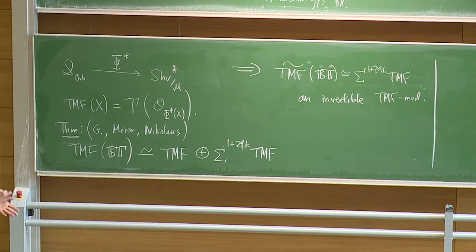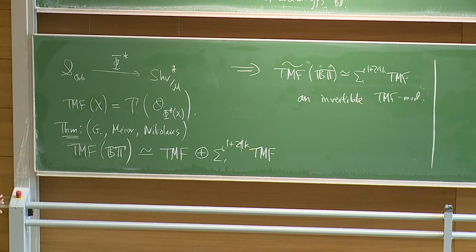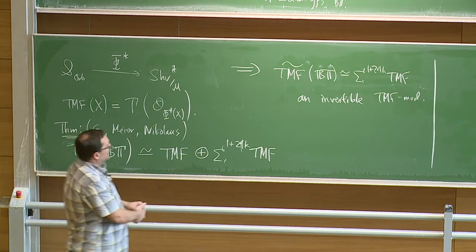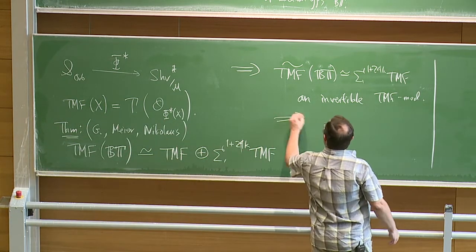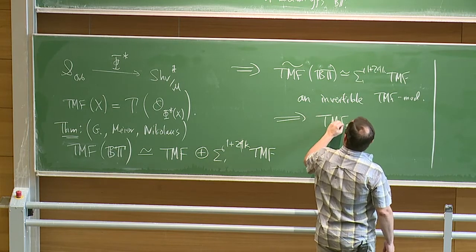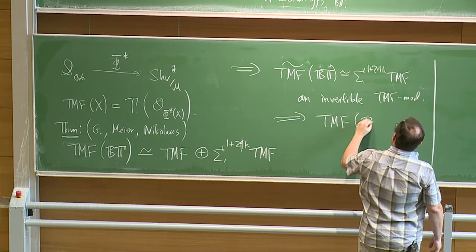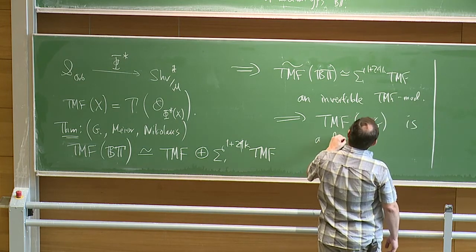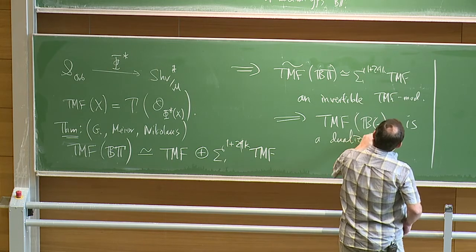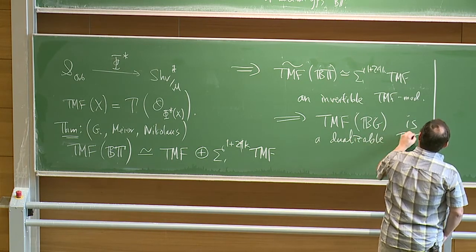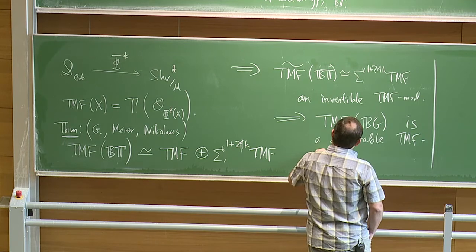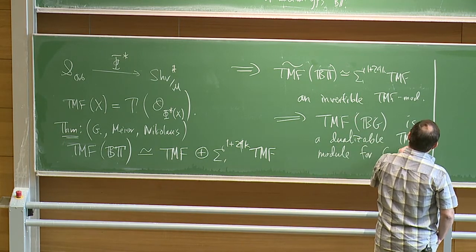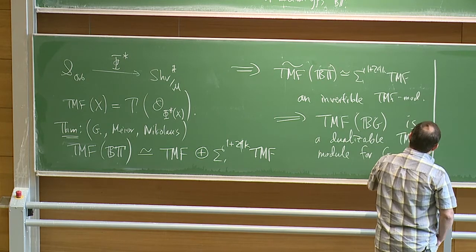There's something that TMF sees as being invertible, which is highly non-invertible over the sphere. And from this, you can also deduce that TMF of BG is a dualizable TMF module for G compact and abelian.